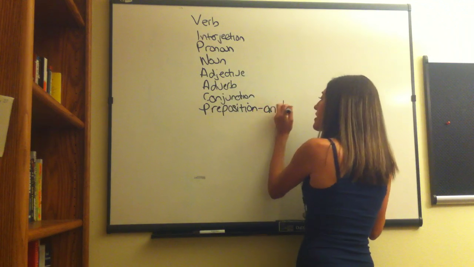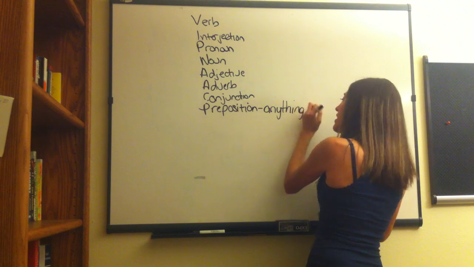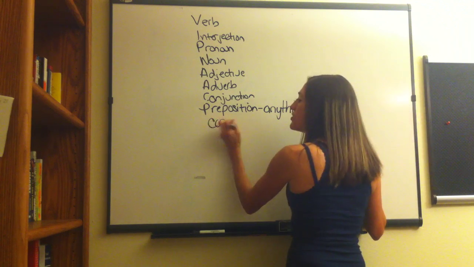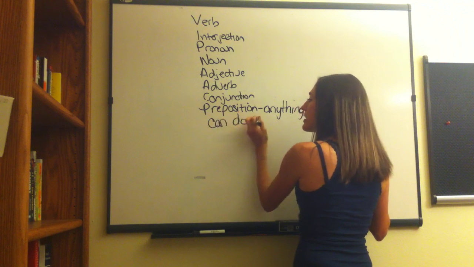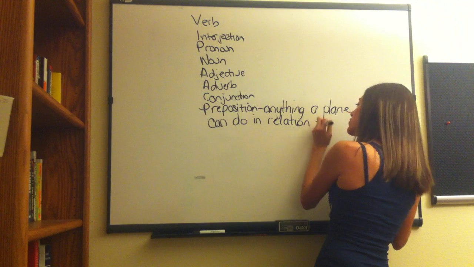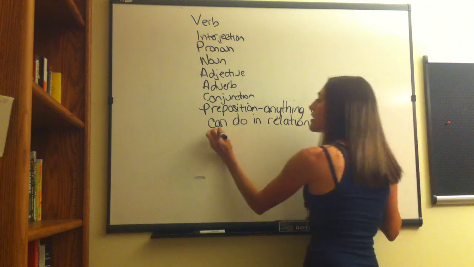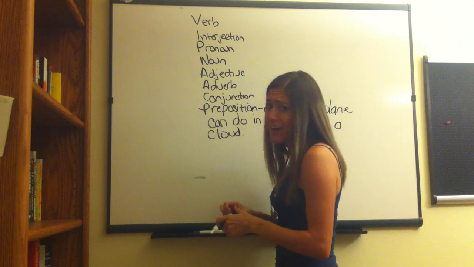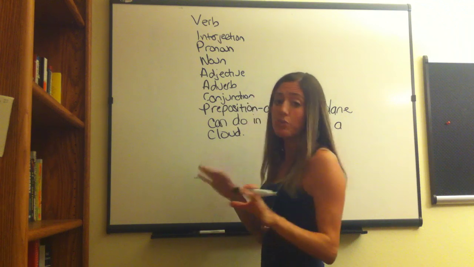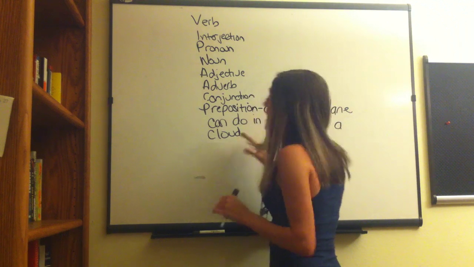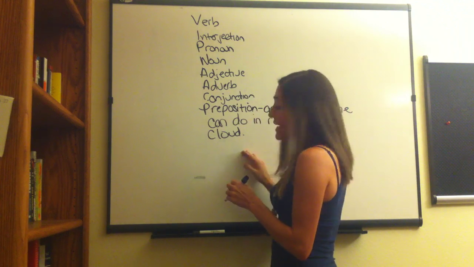Anything a plane can do in relation to a cloud. And you're probably thinking, what are you talking about? It will make sense. Just write that down. Anything a plane, as in an airplane, can do in relation to a cloud.